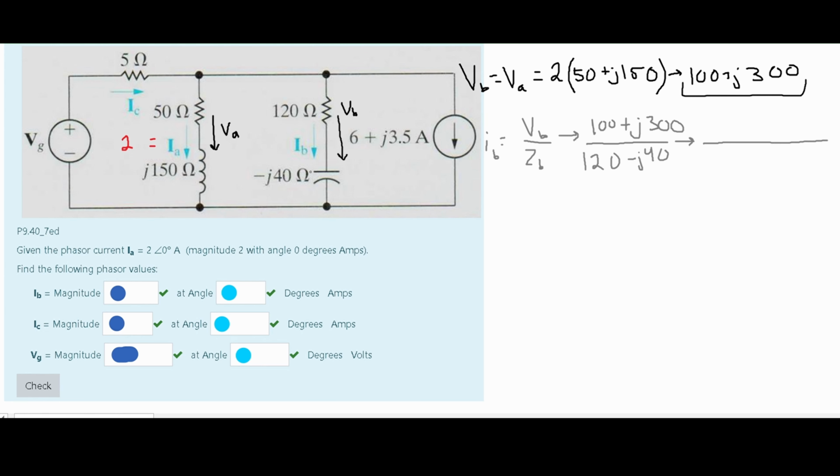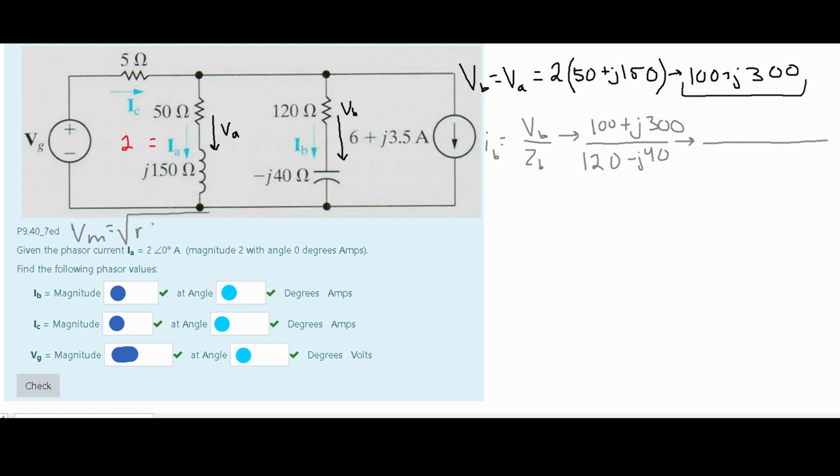To convert a rectangular to polar form, what we're going to need to do is have our Vmax equal to the square root of our real number squared, so this will be the 100 for the numerator, plus our imaginary number squared, which is the 300 for the numerator. And to find our angle, we're setting this equal to the tangent inverse of our imaginary number divided by our real number.